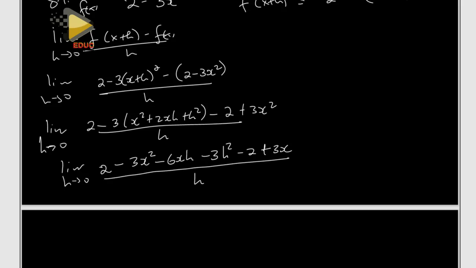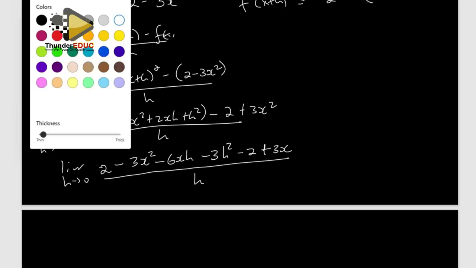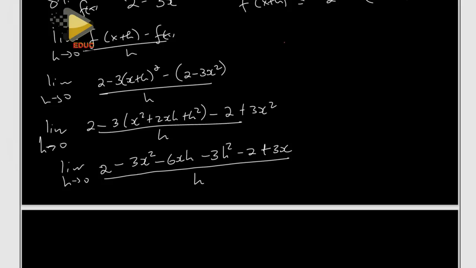Then I just need to cancel what might seem to be common on top. So this 2 cancels that 2, then having this as 3x squared. Okay, so the 3x squared cancels the 3x squared. This is what I'm left with.